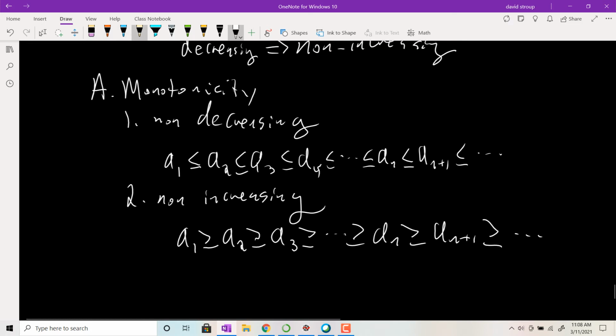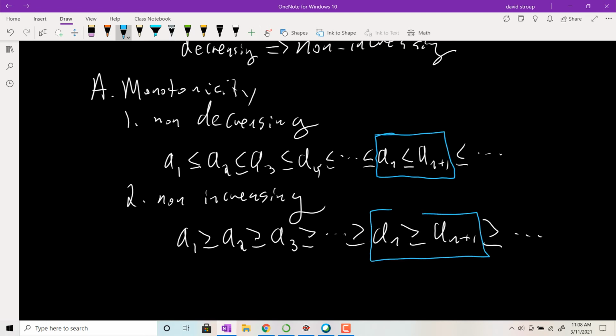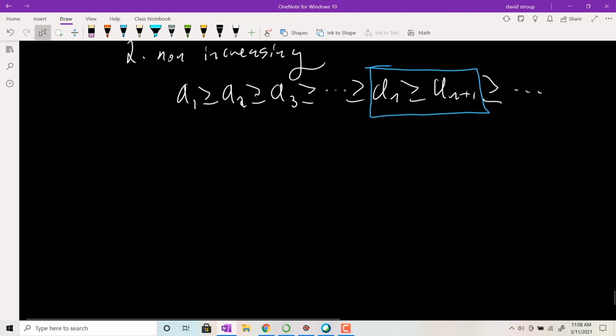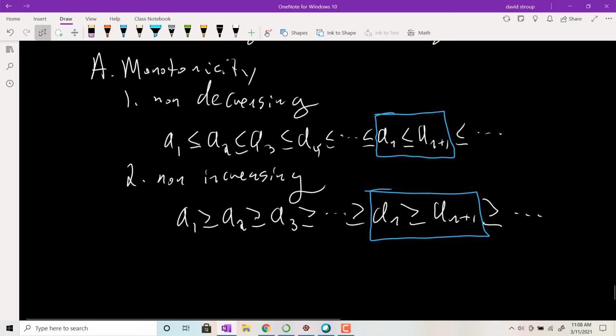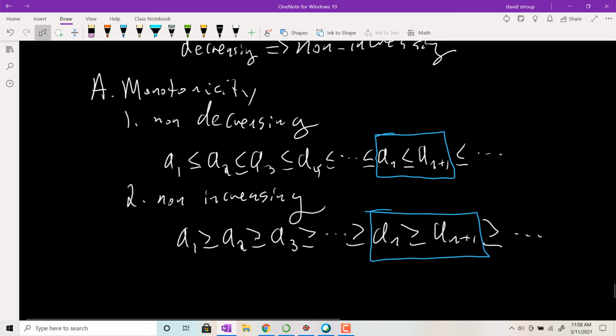There's the algebraic types, which are what they would call a direct proof, and then there's the calculus types where you're looking at the derivative. First, the algebraic type proofs are based on comparing the subsequent terms of a sequence, and then comparing those values to like 0 or 1. So first, let me call this monotonic proofs, or proofs of monotonicity.